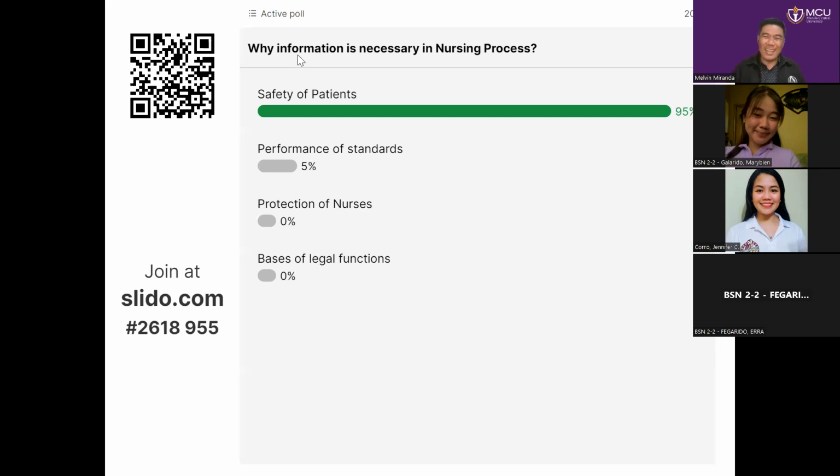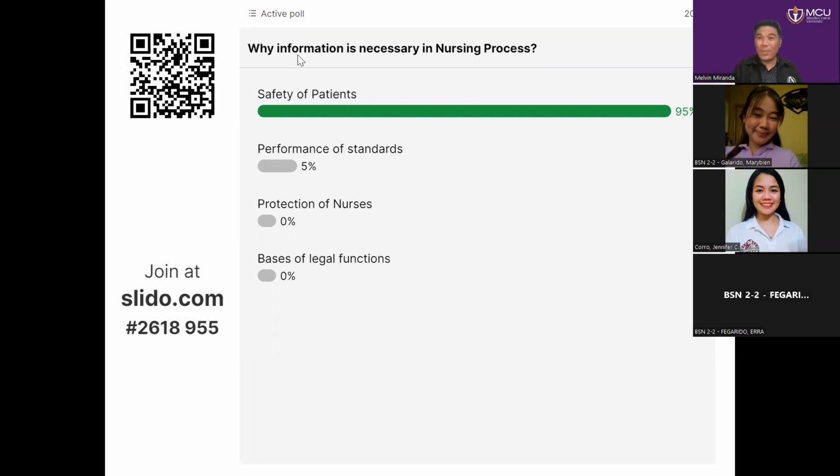Very good kasi, for example, if you will administer drug, di ba, I even discussed to you before the rights of medication at isa doon ay right patient. So kung for example, data kasi yung patient yung name of patient. But you need to consider the name of the patient so that it's safe to administer the drug based from the doctor's order or the treatment regimen.